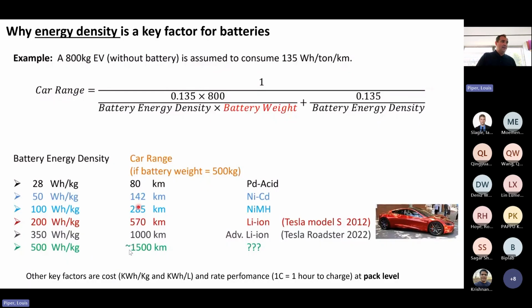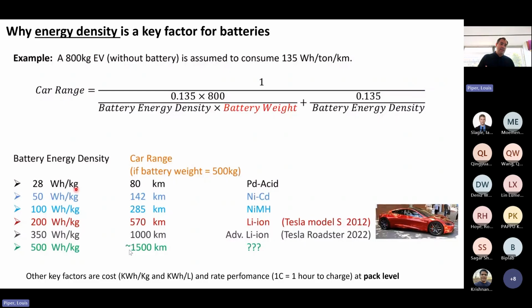So we have both energy density with respect to kilogram, and also energy density with respect to liters of volume, because you've got a fixed size you can fit into. To increase your range, you have to improve your energy density, in this case in watt hours per kilo.